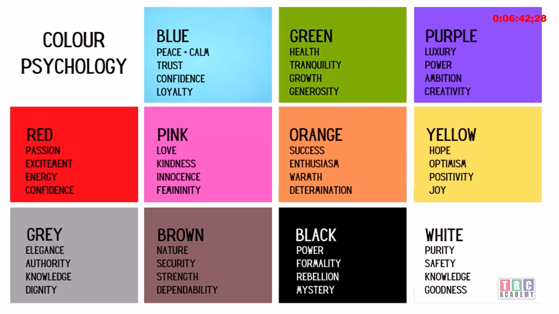Orange is success, enthusiasm, warmth and determination. Yellow is hope, optimism, positivity, joy. Gray is elegance, authority, knowledge, dignity. Brown is nature, security, strength, dependability. Black is for power, formality, rebellion, and mystery.